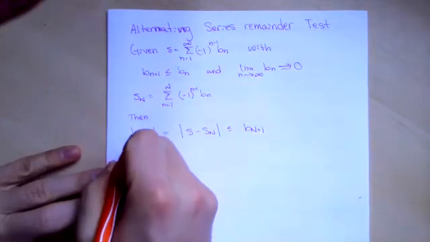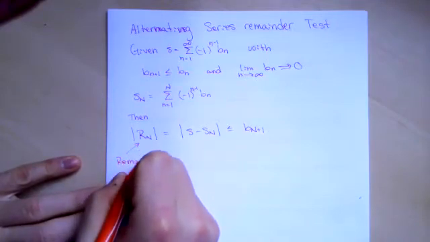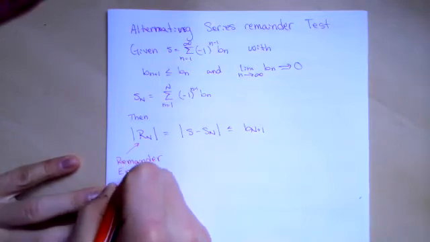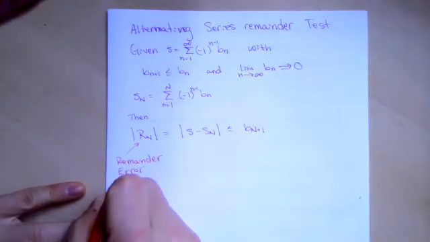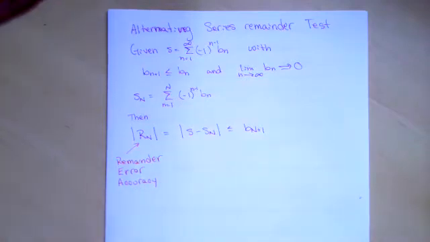This guy, this is called the remainder, error, accuracy. I think those are going to be the 3 big ones.